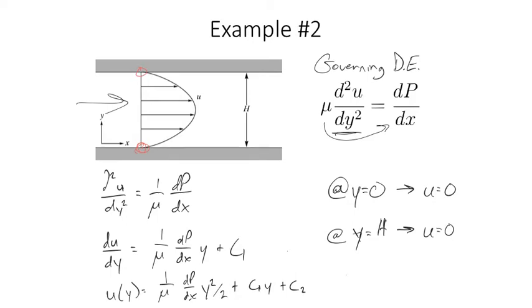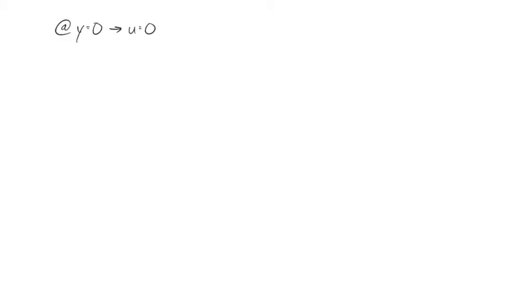So in both those cases, u is equal to 0. We're going to apply them to our differential equation to come up with our constants of integration. Our first boundary condition is y equal to 0, where u is equal to 0.